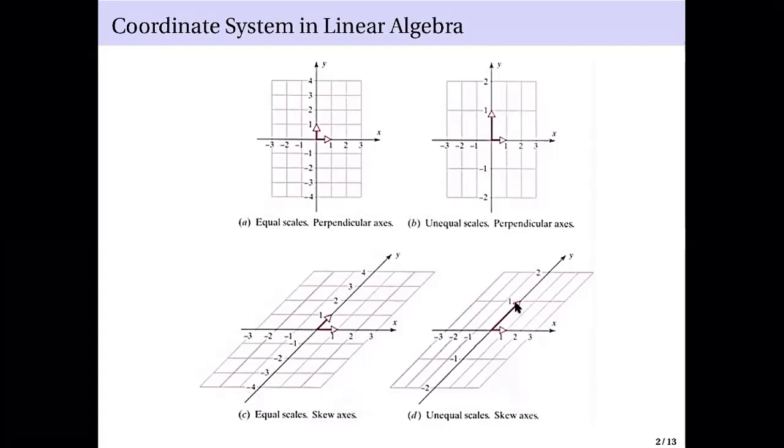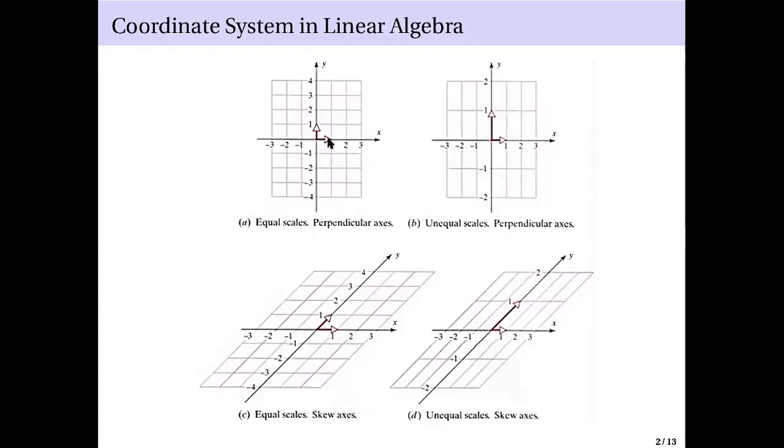Okay? In linear algebra, remember that we are talking about vectors. In the usual configuration, equal scales and perpendicular axes, this one here, you can think of this as the vector from the origin to 1 on the x-axis, and this vector here is the vector from the origin to 1 on the y-axis.